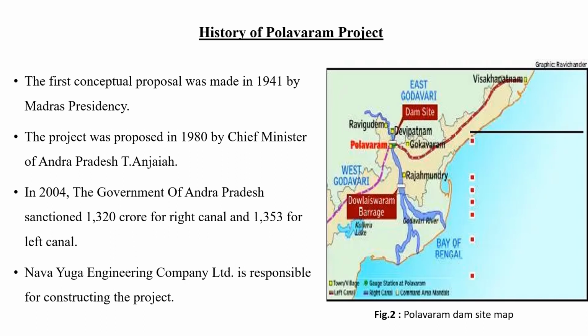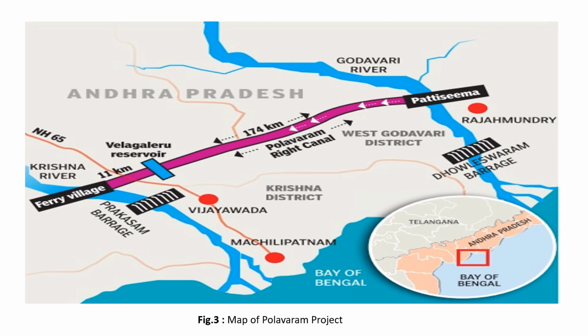So the left canal goes to Visakhapatnam and right canal goes to the Krishna basin. Left canal is in the direction of East Godavari and right main canal is in the direction of West Godavari. So come to the next slide.